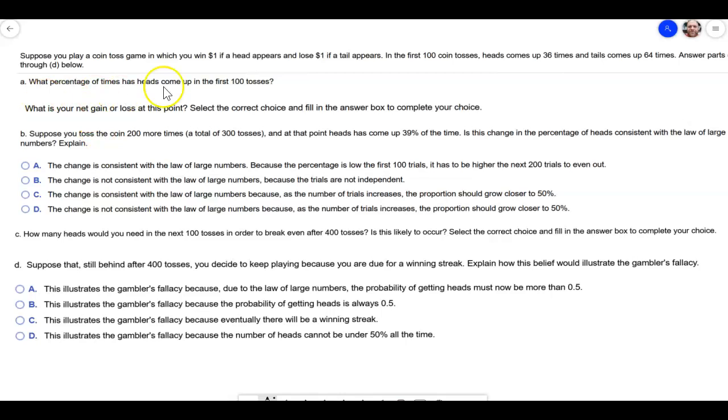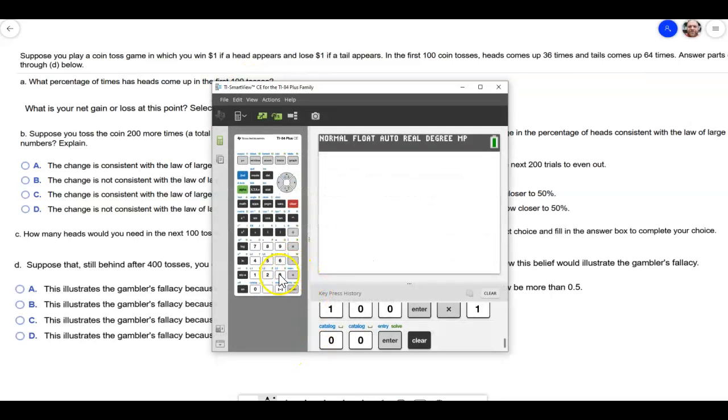The first question is, what percentage of the time has heads come up in the first 100 coin tosses? Well, to calculate a percentage, you just take the number of times it occurred, this is 36 times, over the total number of observations, that would be 100.